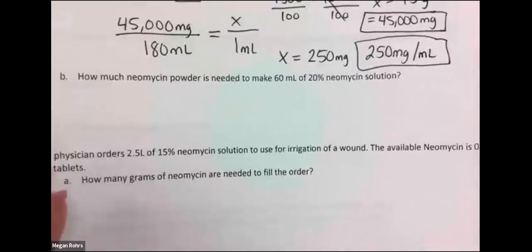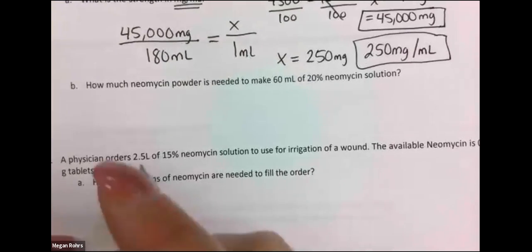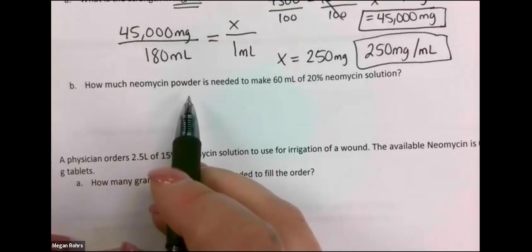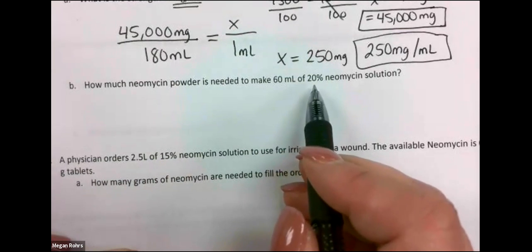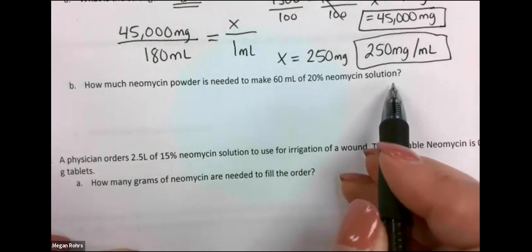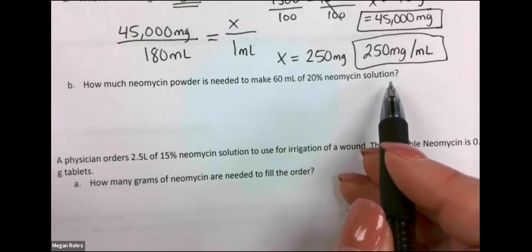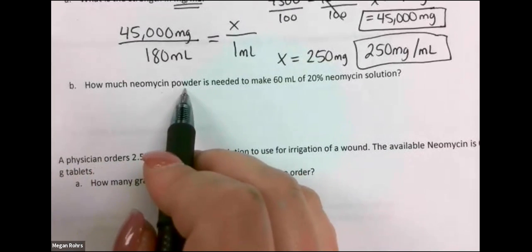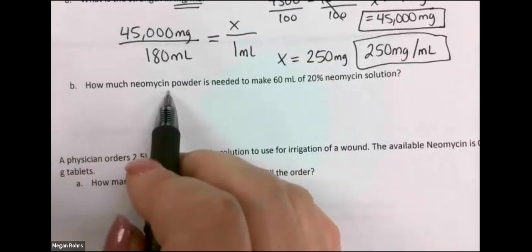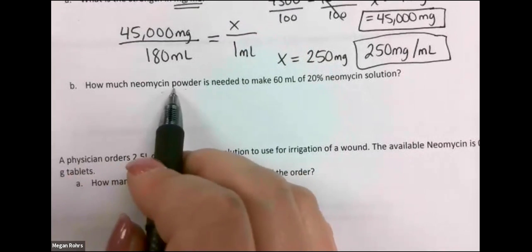Okay, now B. How much neomycin powder is needed to make 60 mils of a 20% neomycin solution? So just think about this question, what they're asking. How much neomycin powder? How much active ingredient? Powder, that's grams, that's a unit of weight.